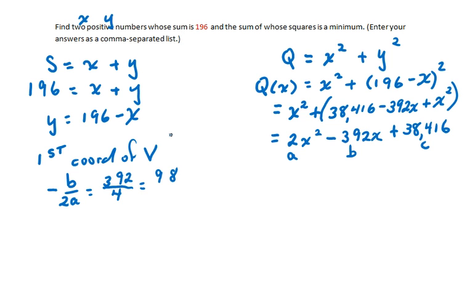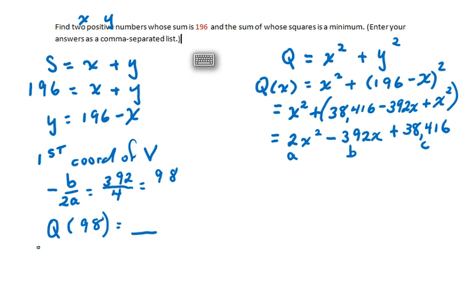And we're actually not asked what that minimum value is. Certainly we could compute it. That minimum value would be Q of 98. And I'll let you compute that.